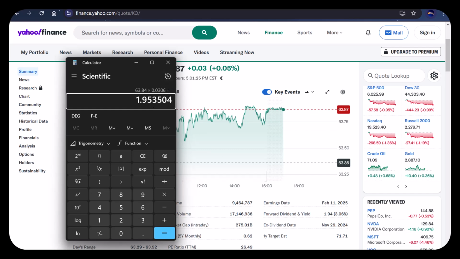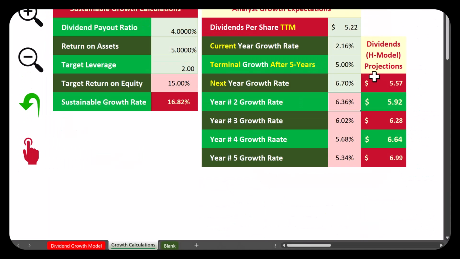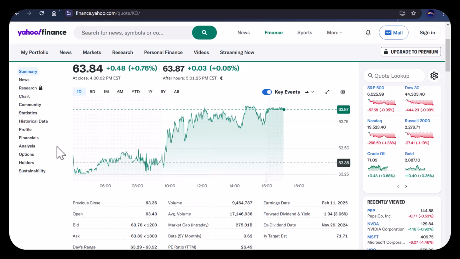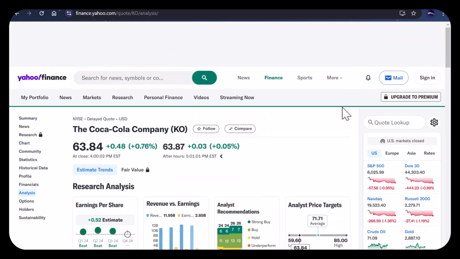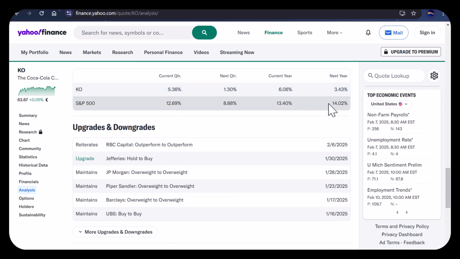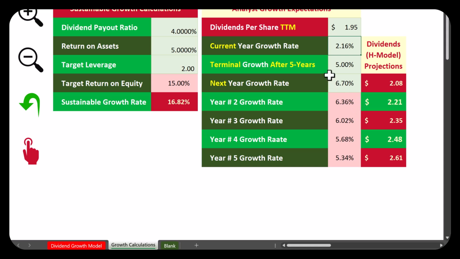So let's just say 195. Let's look at the analyst growth projections for Coke: 606 and 343. So those are the implied projections for what you want to call dividends.